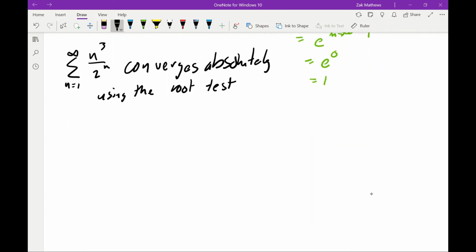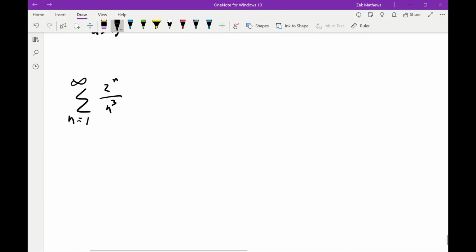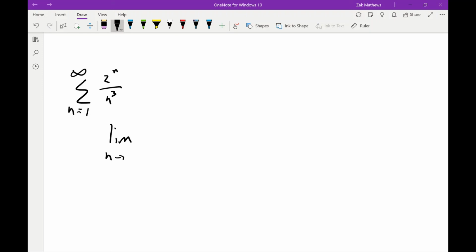And then let's, just for the fun of it, flip that over just to give us another example. Let's take the sum from n equals 1 to infinity of 2 to the n over n to the third. The root test worked so well in that last example, so why don't we use it again? So let's take the limit as n goes to infinity of the nth root of 2 to the n over n cubed.